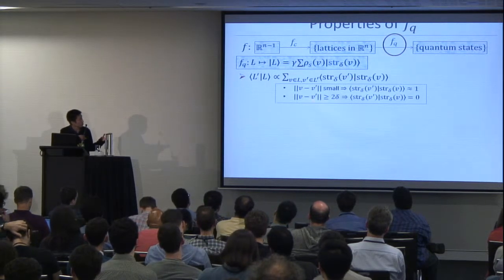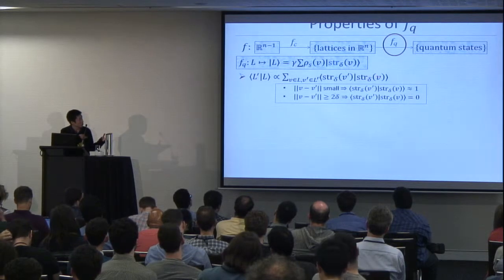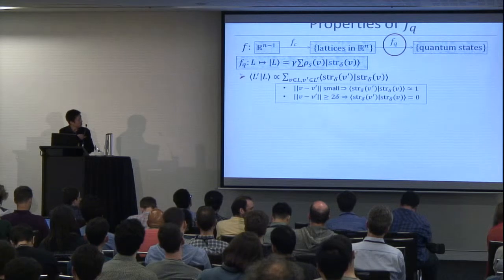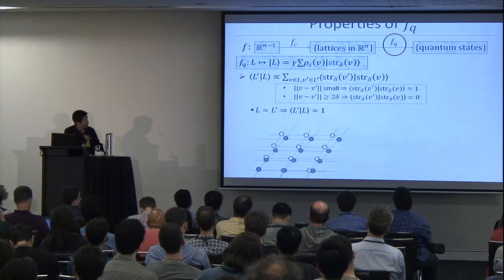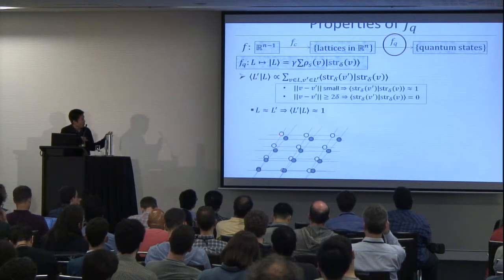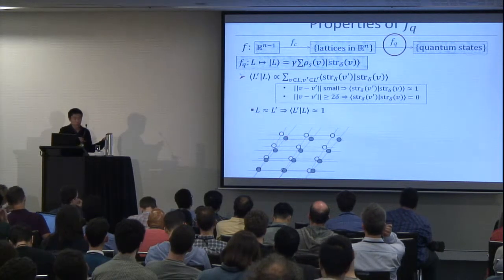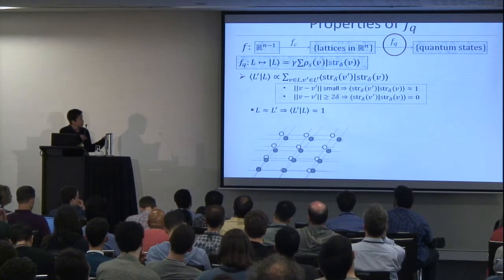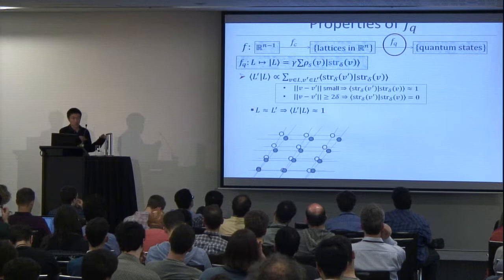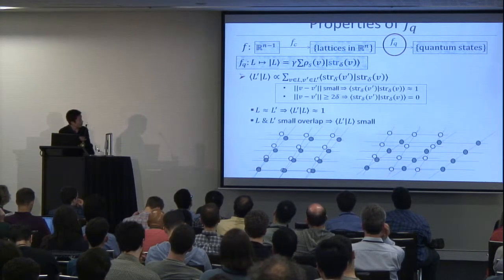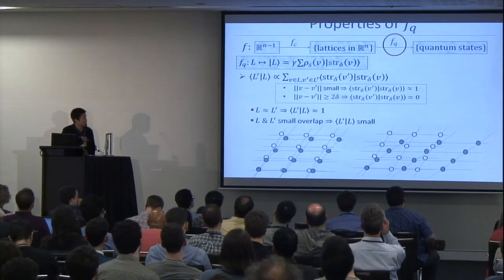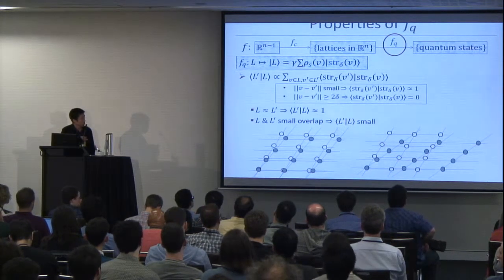Because if two points are far apart, then their Strano encodings will be orthogonal. So we can conclude that if two lattices are similar, namely we can approximately pair up the points between these two lattices, then their quantum encodings will have a large inner product. On the other hand, if two lattices only have a small overlap, the inner product will become very small.